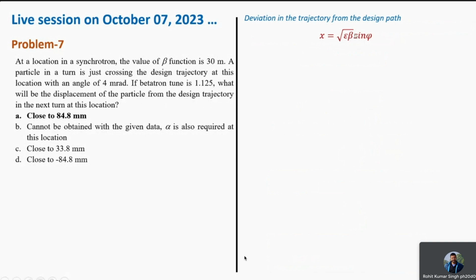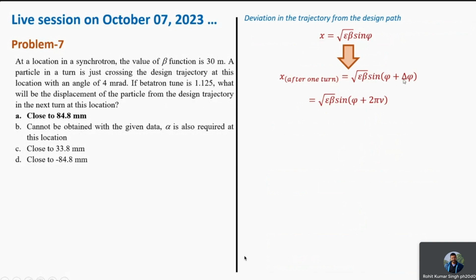So deviation in the trajectory from the design path is x is equal to under root emittance beta sine phi. After one turn, because we are looking at the same location, beta is the same, emittance is also the same, only phi changes. So how much change will be there in the phi?